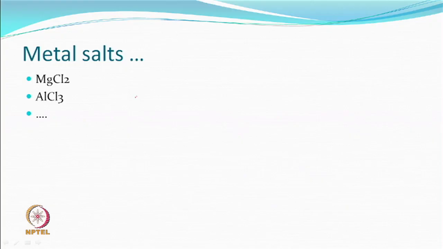But settling down, people settle down at magnesium chloride, zinc chloride, etc. Zinc is relatively a heavier metal, so magnesium is not so heavy a metal. This is one of those popular catalysts which has been used, and it works in the same manner as the proton based system.